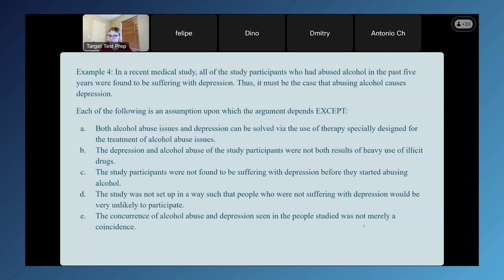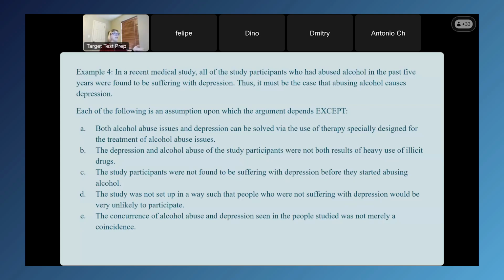Purely a coincidence. Sure. So A is: both alcohol abuse issues and depression can be solved via the use of therapy, specifically designed for the treatment of alcohol abuse issues.